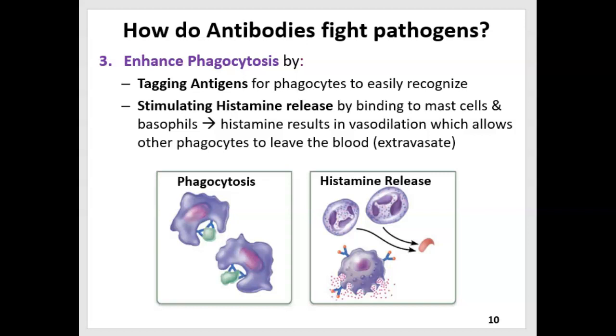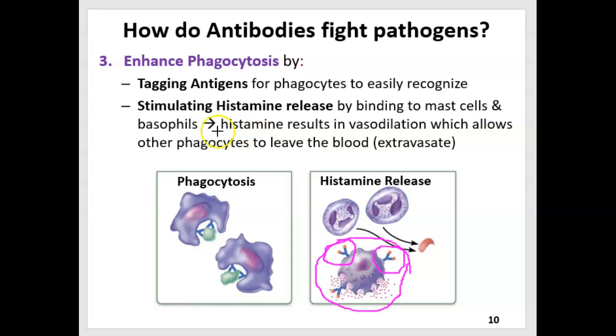Another thing that causes phagocytosis, of course, would be things like neutrophils and macrophages. What else enhances phagocytosis is that antibodies, when they bind to mast cells, shown right here, a mast cell, and the antibody that's already bound to an antigen binds to a mast cell, which causes it to degranulate.